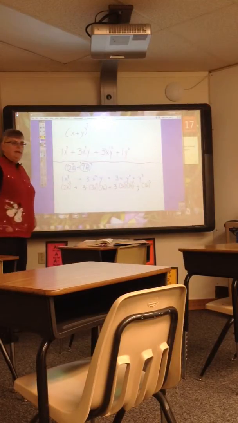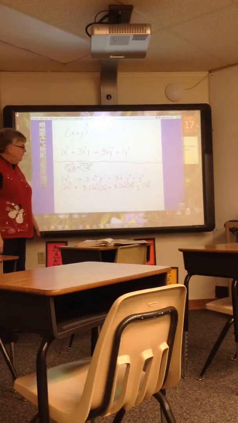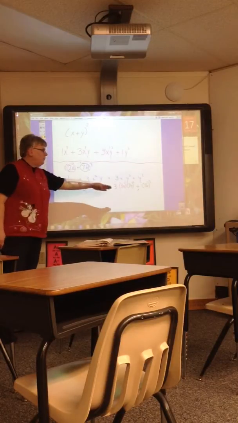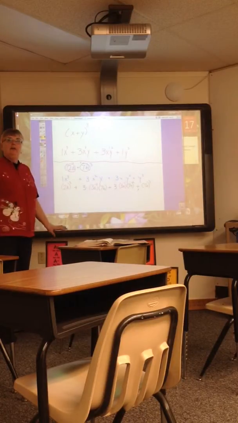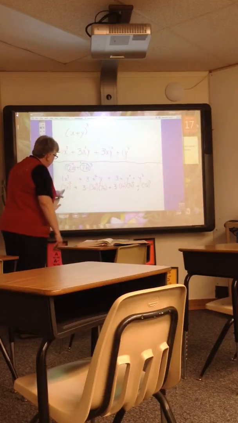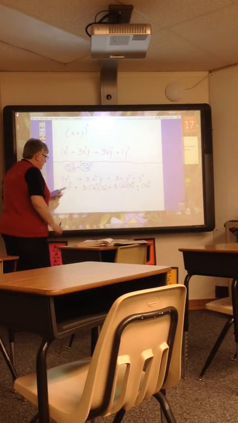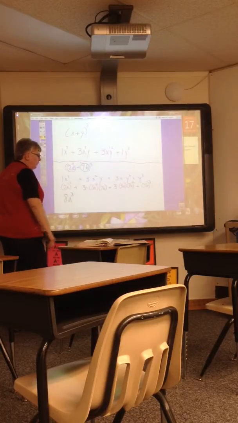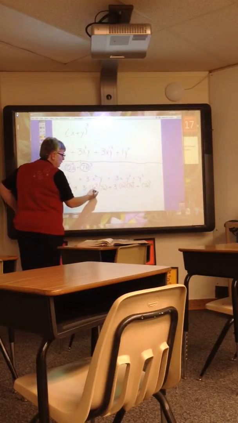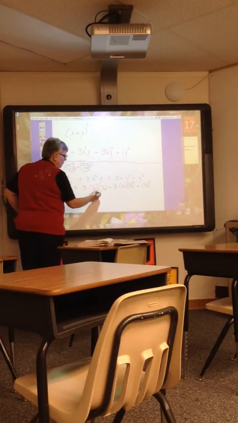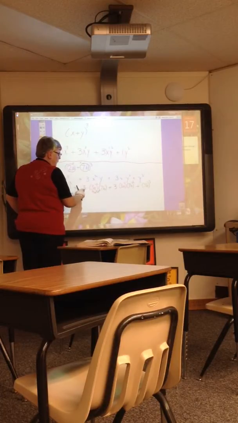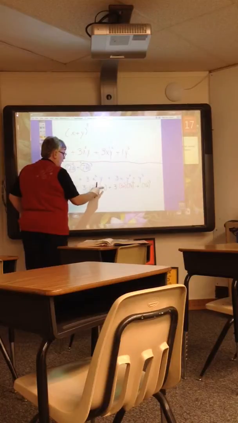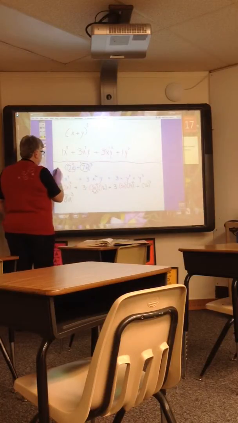Now, once I get to here, it's not finished. I need to simplify each of the terms so that it's now in standard form. So here I would cube both of these pieces, which would give me 8a cubed. Here I would square this one, which is 9a squared. And then I'm going to take 3 times 9 times 7. And of course I don't have my calculator with me.